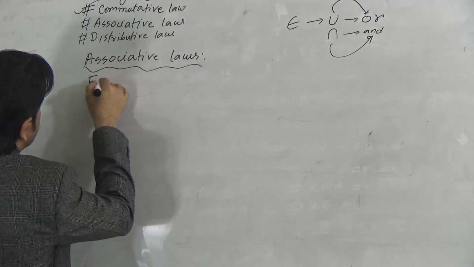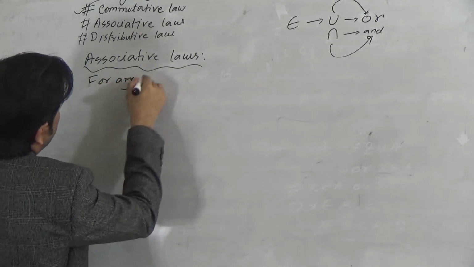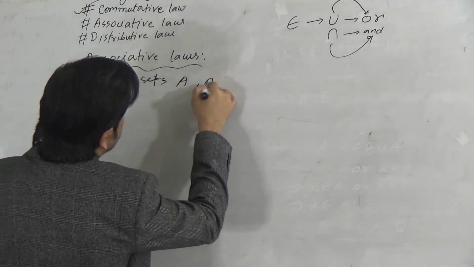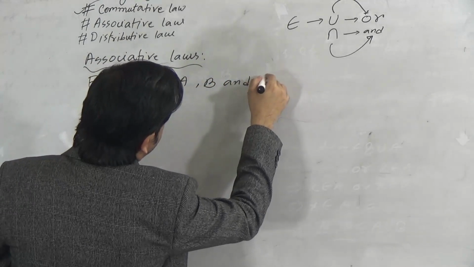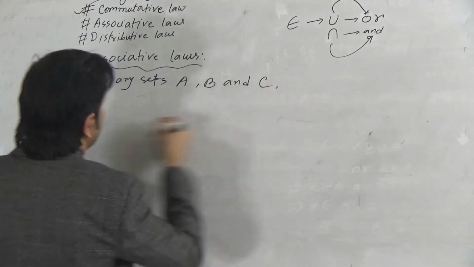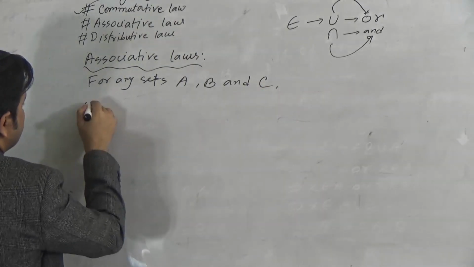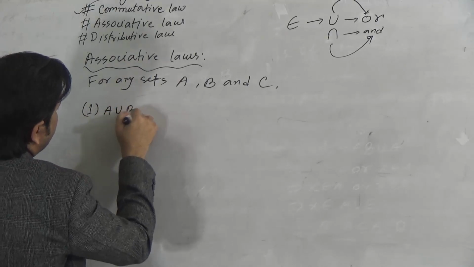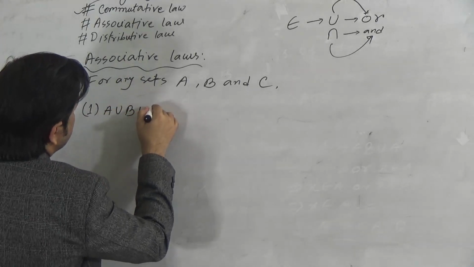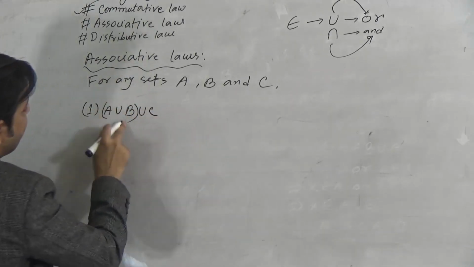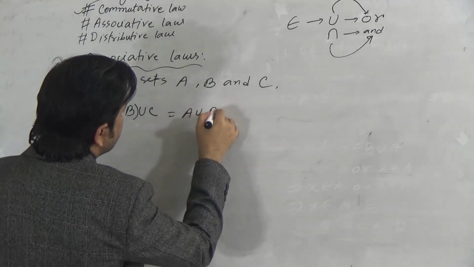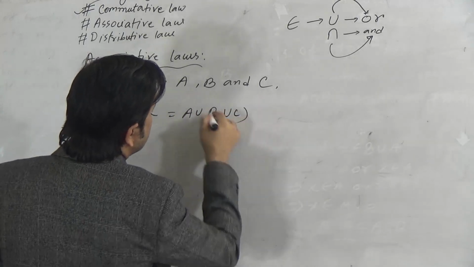First one, we know (A union B) union C is equal to A union (B union C).